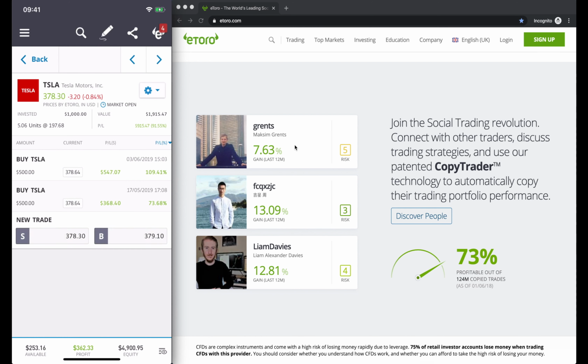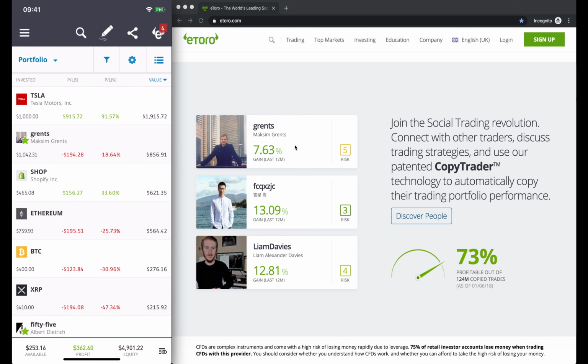In this case, I paid roughly $198, and currently the stock is at an all-time high, $378. You can see the ratio, almost 110% and 74% of the two stocks that I bought at different times. Without a doubt, if I look at my entire portfolio holistically, the bulk of the profit currently is coming from Tesla.